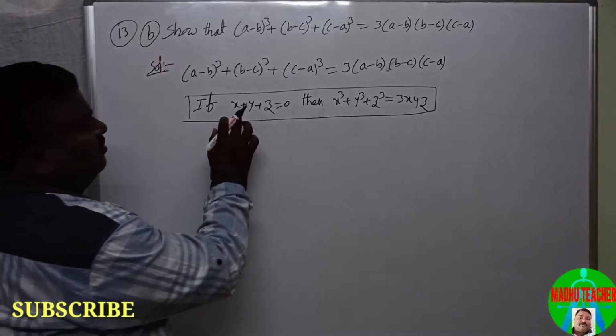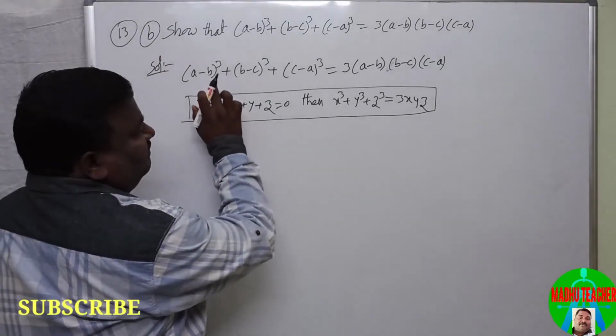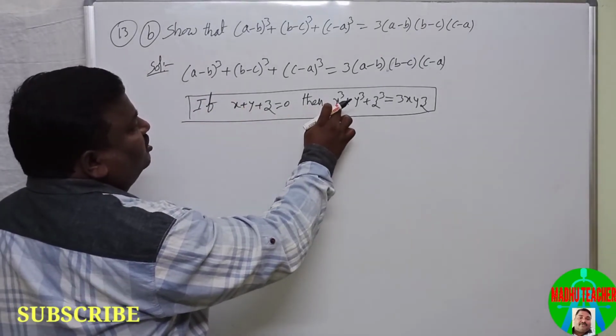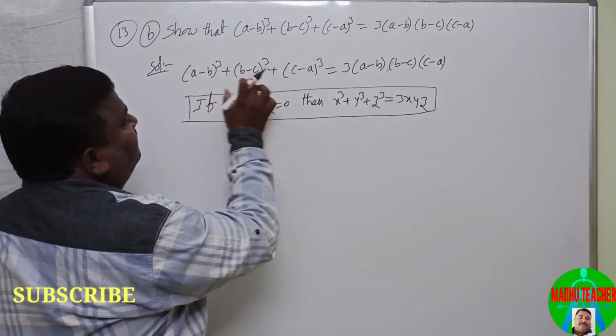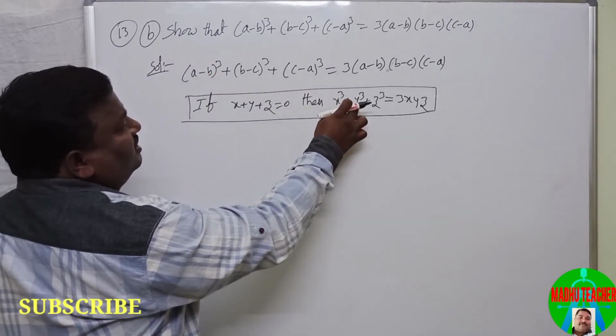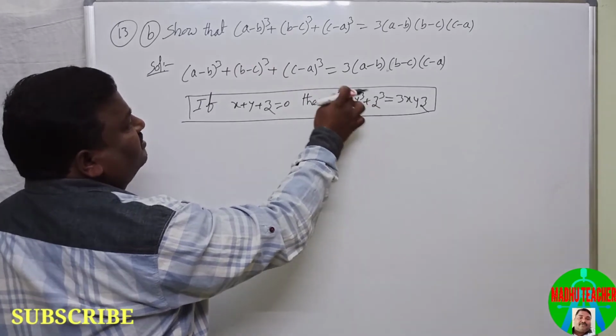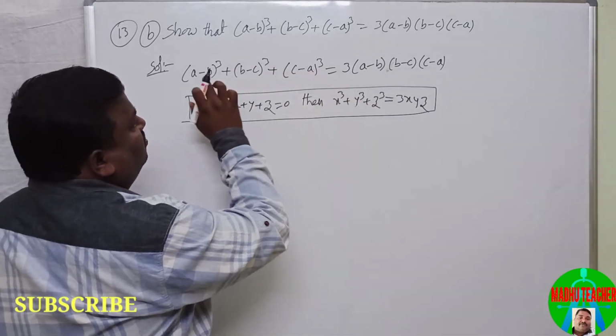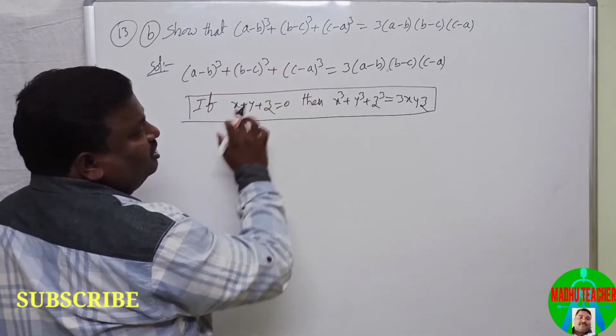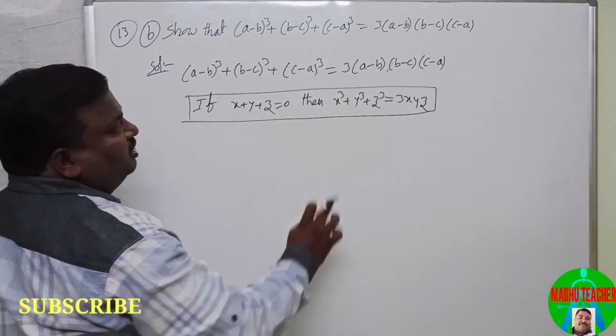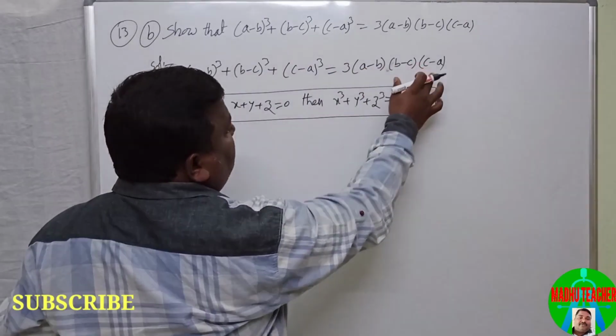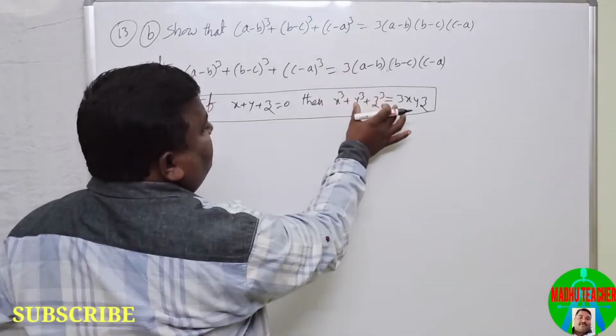So this is also in the same way. In place of x we have a minus b, and in place of y, b minus c, in place of z we have c minus a. So the x cube plus y cube plus z cube form equals the 3xyz form. So it is the same as this identity.